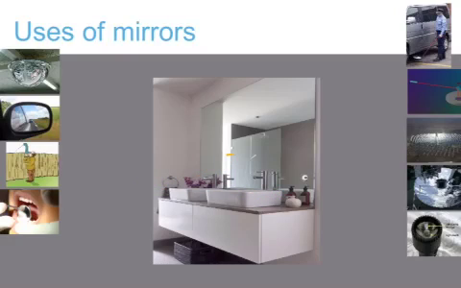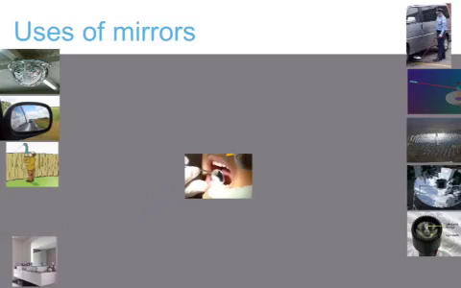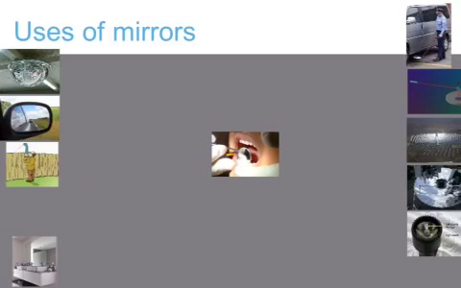And mirrors are used in our daily lives for many things. Let's take a look at the examples here. If you go to a dentist, you will observe the dentist having this little mirror that is placed in your mouth to look at the teeth.